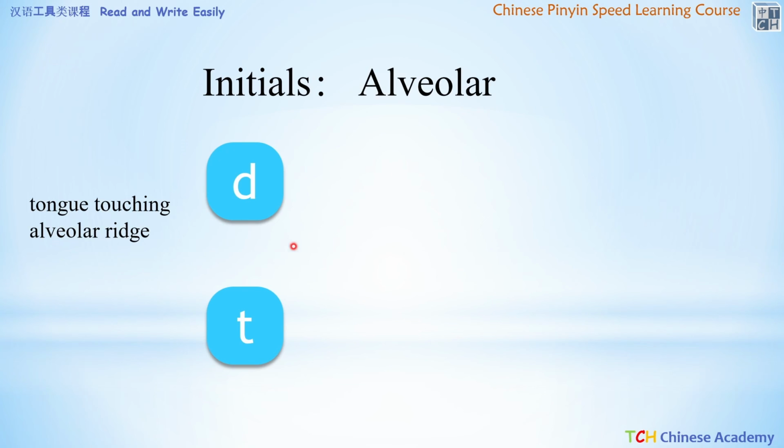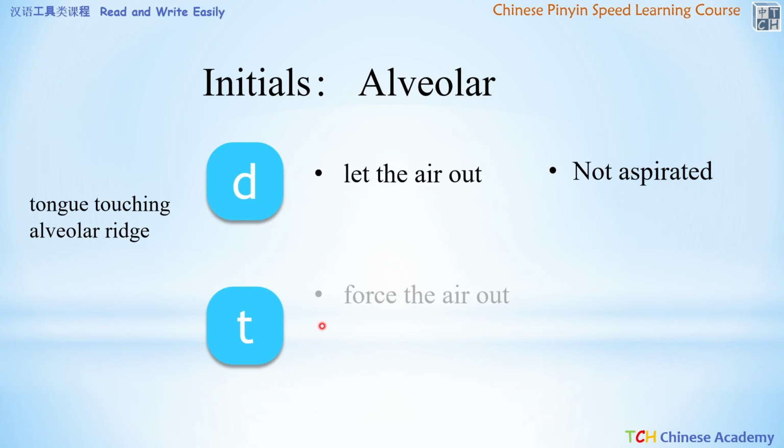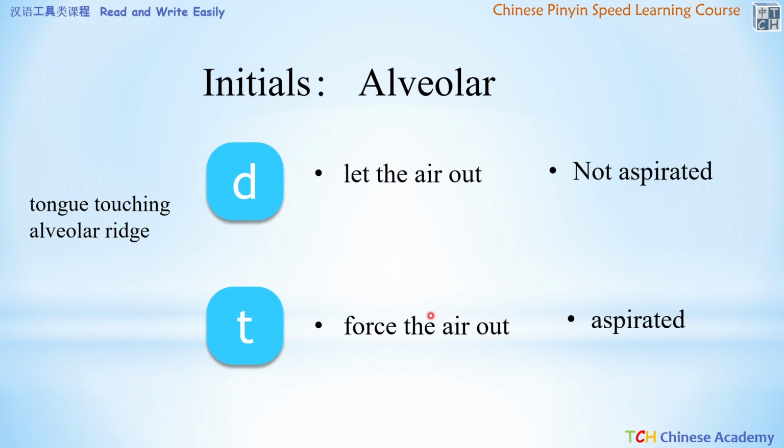And then the difference is that when we pronounce d, we just drop the tongue and let the air out so that the sound is not aspirated. But when we pronounce t, we try to drop the tongue quickly and force the air out, so the sound is aspirated.